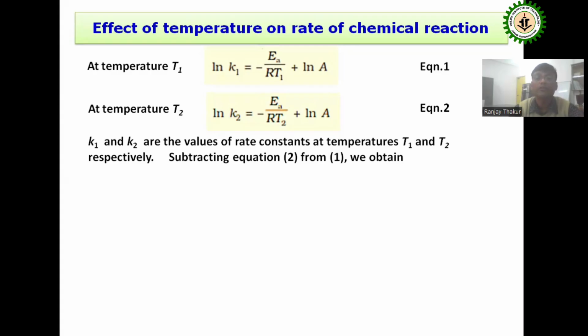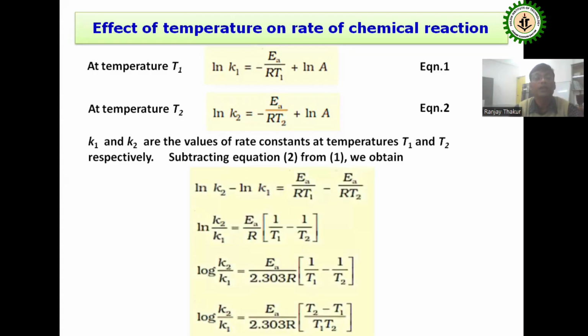Subtracting equation 1 from 2, we get ln K2 minus ln K1 equal to EA by R times (1 by T1 minus 1 by T2). Solving this, we get log K2 by K1 equal to EA by 2.303 R times (T2 minus T1) by T1 T2.